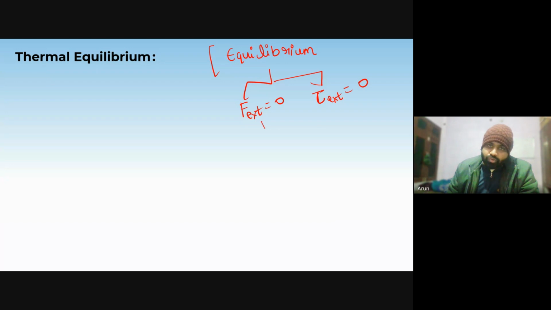When these two conditions are satisfied, we can say that a particular system or object is in equilibrium. This is called the rotational equilibrium. This is the kinematic equilibrium. But in thermodynamics, which quantity can flow?